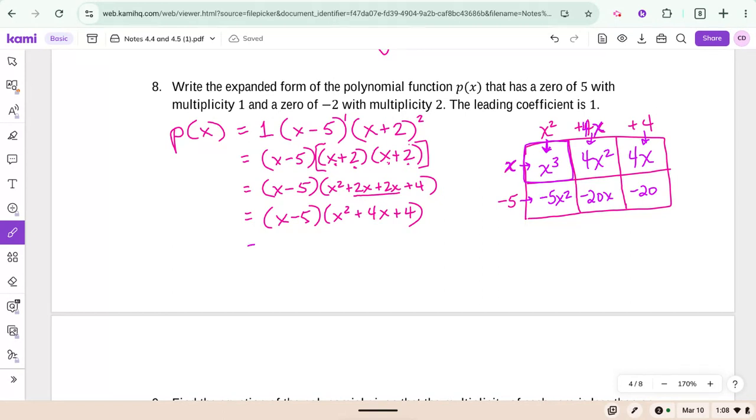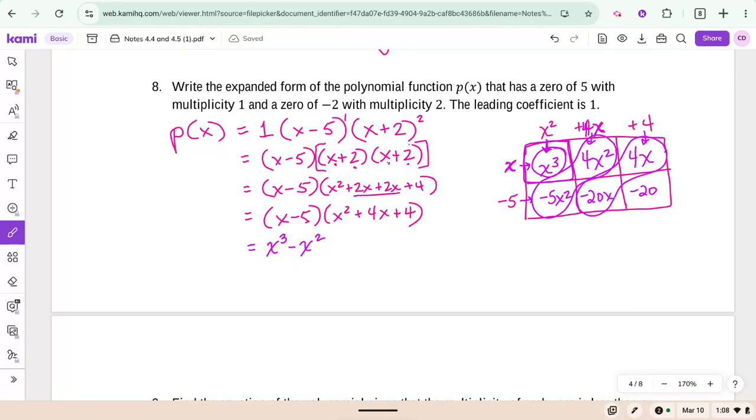So I have my answer. I need to simplify it a little bit. I've got my x cubed. But my x squareds, I have 2 boxes with x squared. I can combine these. Minus 5x squared and plus 4x squared makes minus 1x squared. I can combine these x's.